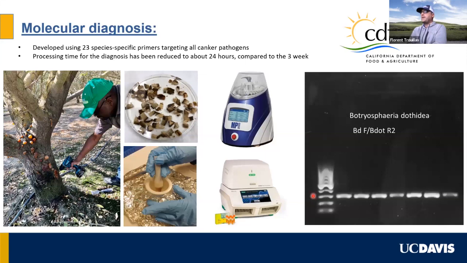For those who may be interested, or for diagnostic labs who may be interested in molecular tools, we had a CDFA funded project where we developed specific molecular primers for each of these pathogens responsible for canker.